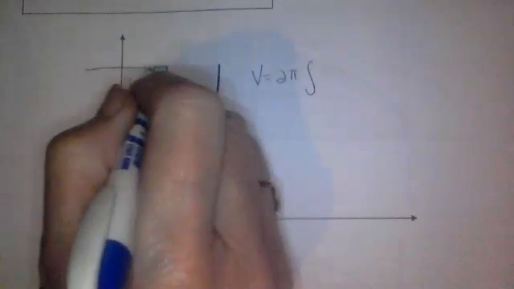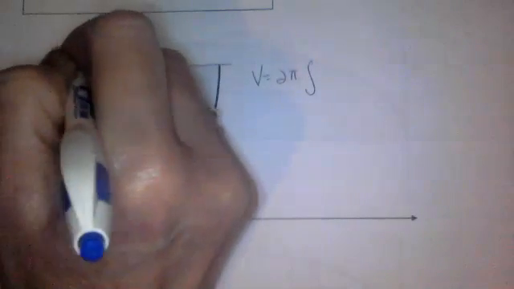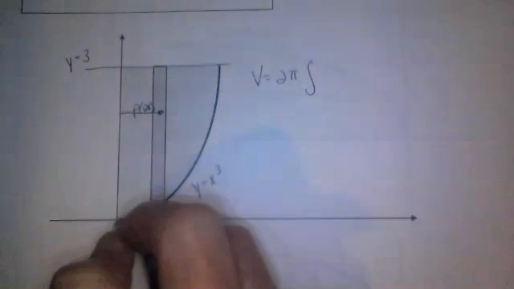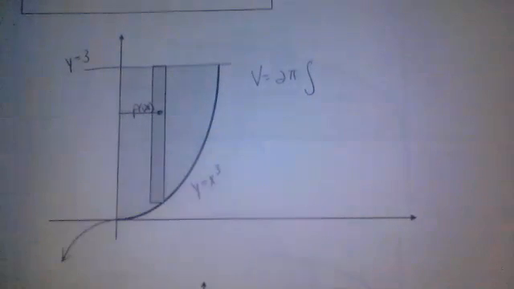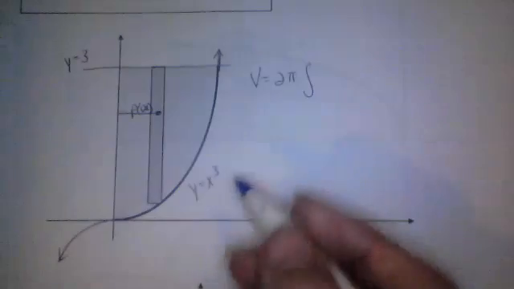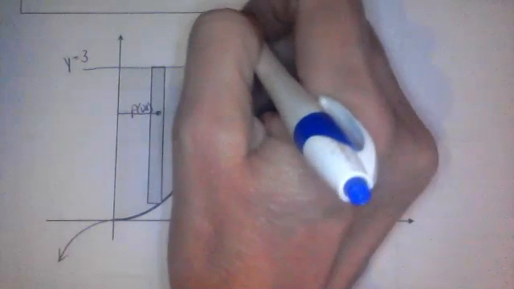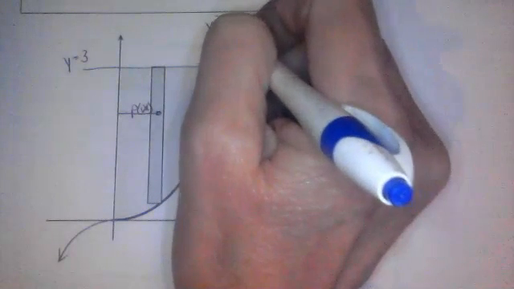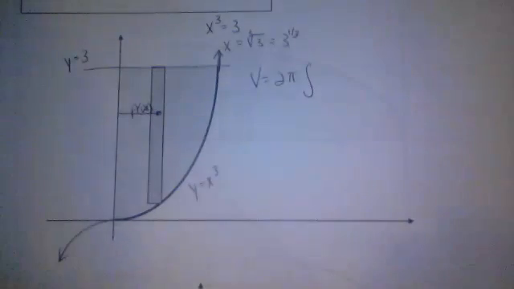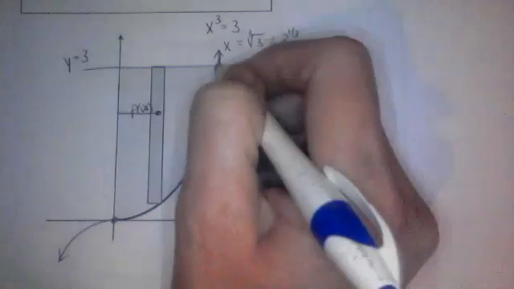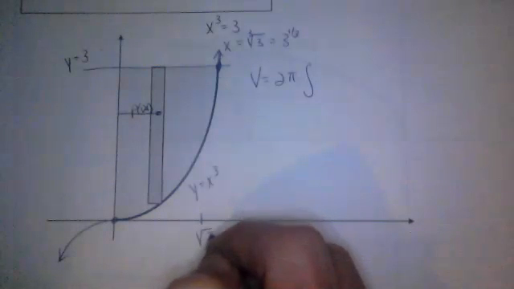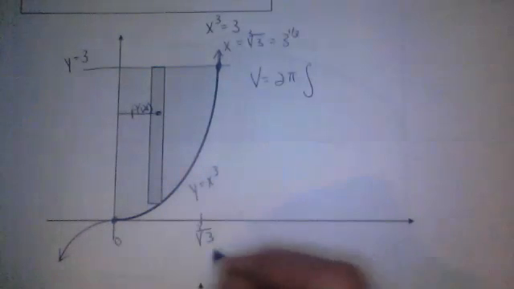And remember, this is the line y equals 3, and this is y equals x cubed. So if we want to know where they intersect, we can just set them equal to each other. x cubed equals 3, so x is the cube root of 3, or 3 to the 1/3 power. So we're going to go from 0 to the cube root of 3.